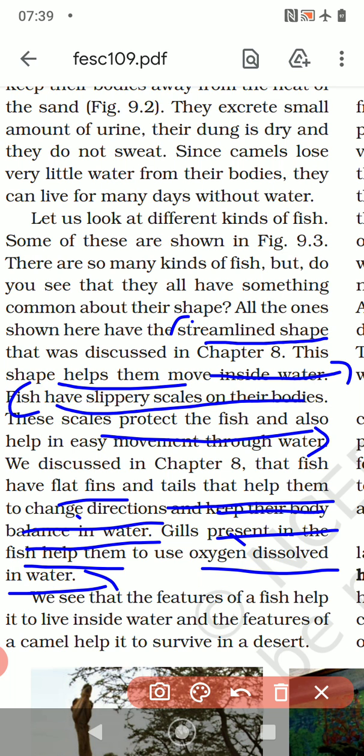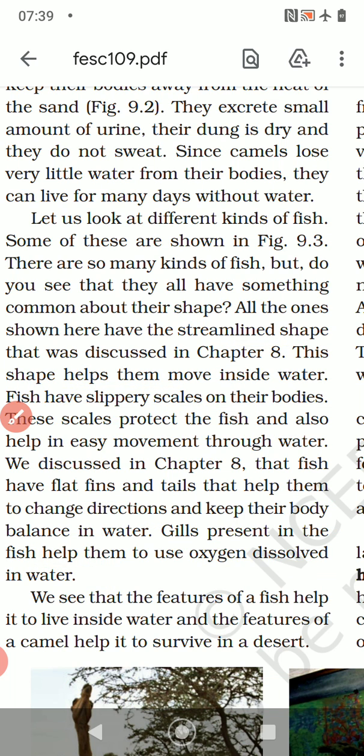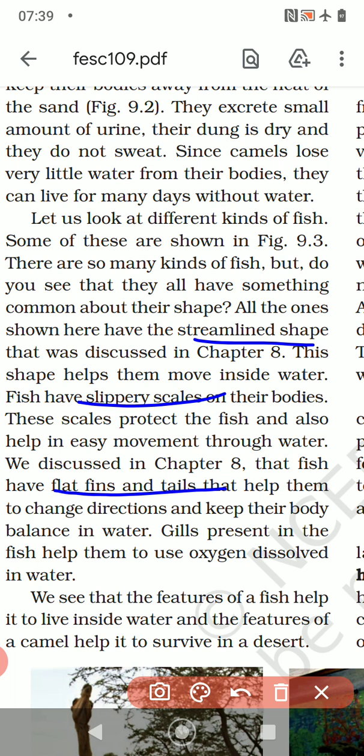So here you have a lot of points, right? What was the first point? Streamlined body. Yes, streamlined body. Then you have to write down the adaptation and also how it helps. Then the slippery scales protect them and help easy movement, then you write the flat fins and tails, and then the gills.